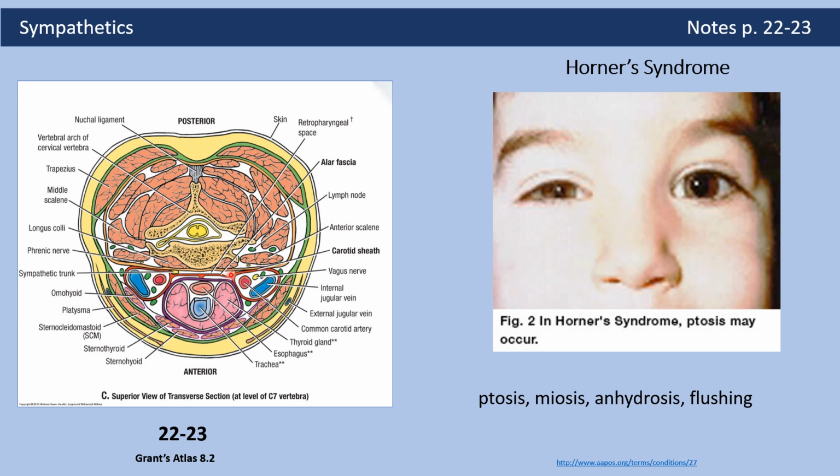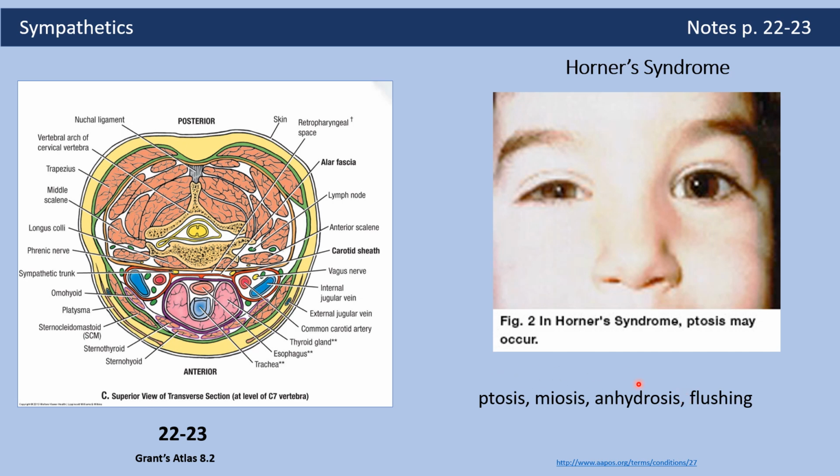One such problem with the sympathetics, impacting them in this case unilaterally, causes Horner syndrome. And in Horner syndrome, the lack of sympathetics results in a partial ptosis, which is eyelid drooping, miosis, which is pupillary constriction, anhidrosis, lack of sweating, and flushing.